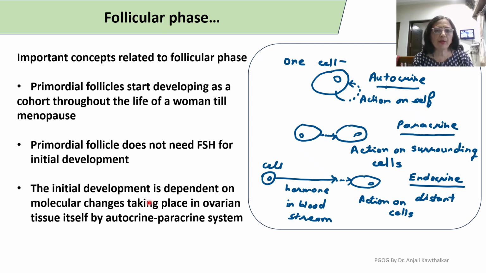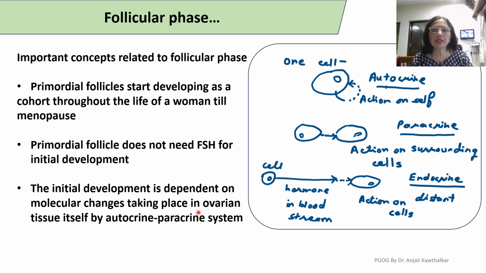The initial development is dependent on molecular changes taking place in the ovarian tissue itself, by the autocrine paracrine system. Now, this is the most important terminology as far as understanding this topic goes. Once we understand what is the autocrine system, what is the paracrine system, and what is the endocrine system, it is almost like we are understanding the core of this topic, or the main concept related to the topic.